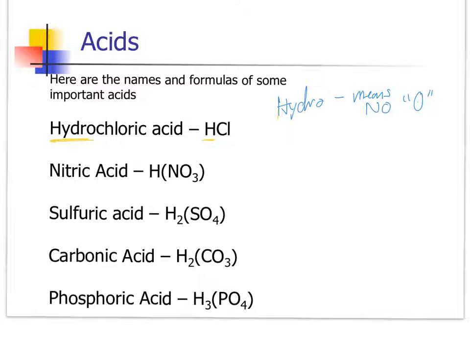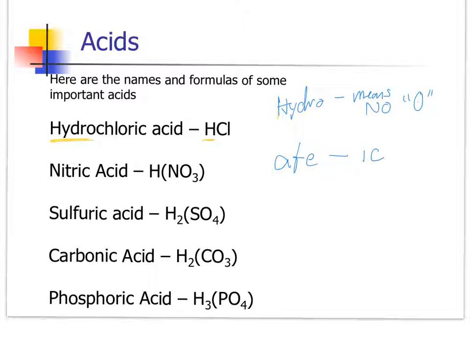Nitric acid is ic. Ates are icky. How do you know if something's icky? Well, you ate it. I know it's not the best grammar, but that's what we use: ates are ic or are icky. How do you know if it was icky? You ate it when you were young.